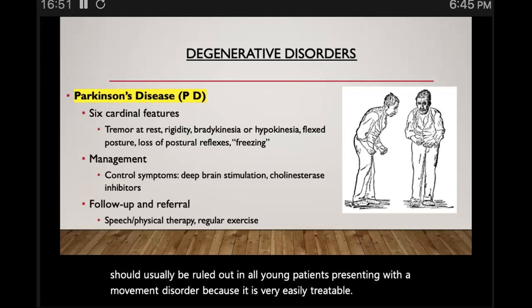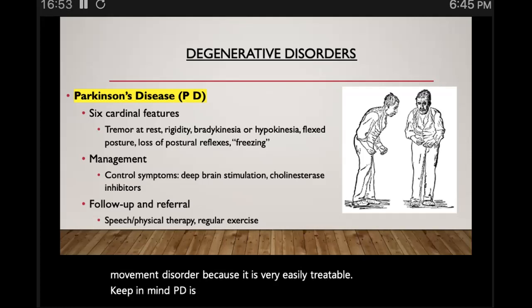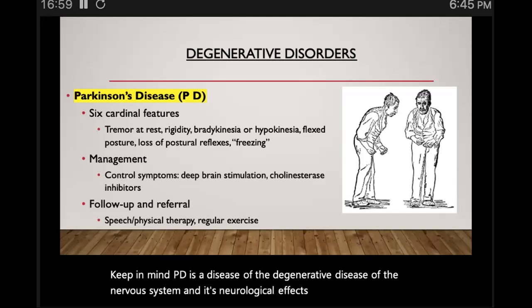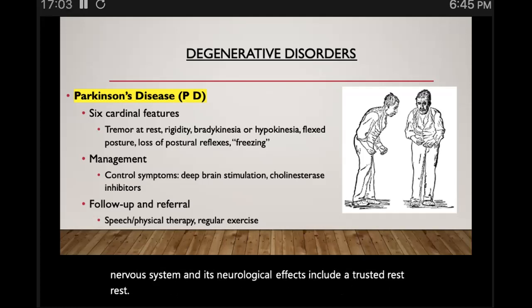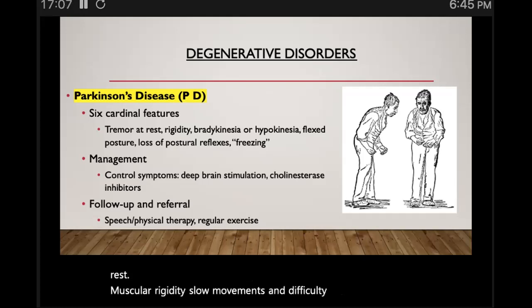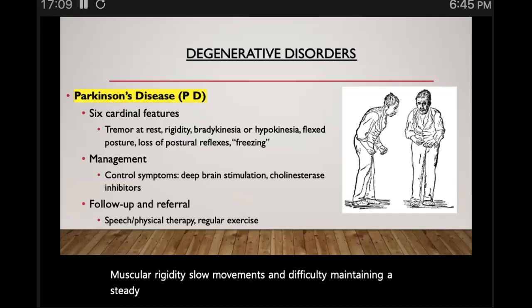Keep in mind, PD is a degenerative disease of the nervous system, and its neurological effects include tremor at rest, muscular rigidity, slow movements, and difficulty maintaining a steady posture. Characteristically, the motor problems of PD improve when a patient is treated with levodopa.